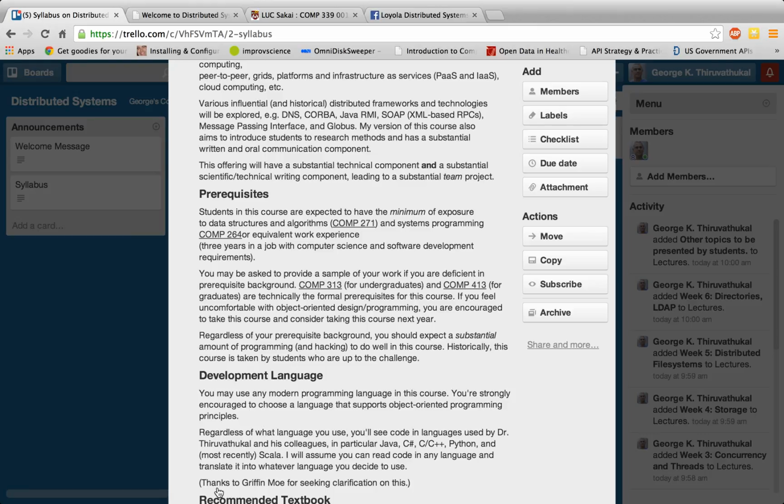Just to set everyone's expectations, I really expect that people have mastered at a very minimum the material of data structures and what's called the systems programming class at Loyola. For graduate students, if you came without prerequisites, this means you should definitely have taken those 388 prerequisite courses before coming to my class.